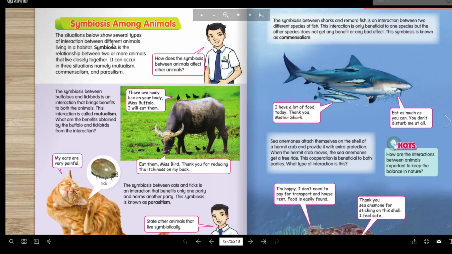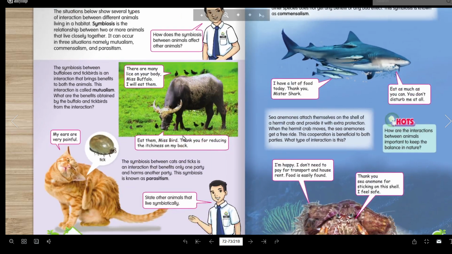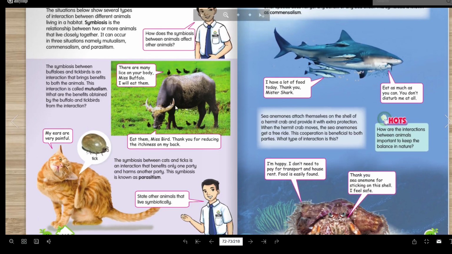So in symbiosis, we learned that when two species live closely together, it is of three types: mutualism, commensalism, and parasitism. In mutualism, both of them are getting benefit, right? What is parasitism?